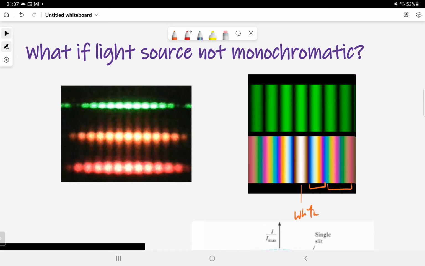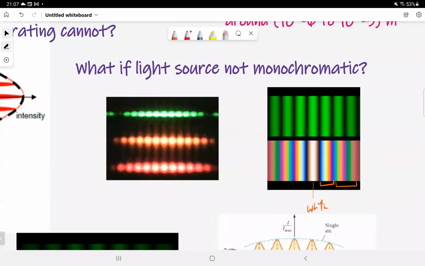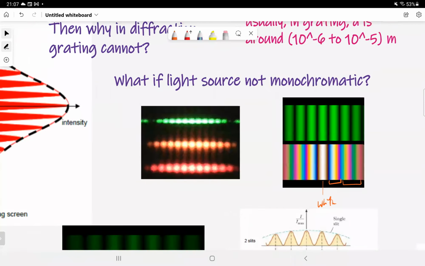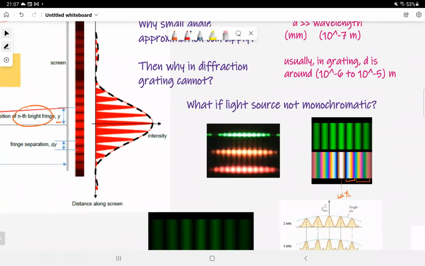So they will overlap, and eventually they will start to get very messy. So the first order is always a rainbow for white light. Then the second order onwards will overlap already. So you can't describe it easily.